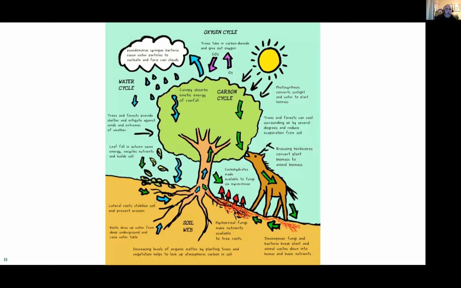And a couple of other bits I've added now. Trees and forests can cool surrounding air by several degrees and reduce evaporation from soil. I think that came out in one of the experiences we were sharing just now about the atmosphere in the woodland.